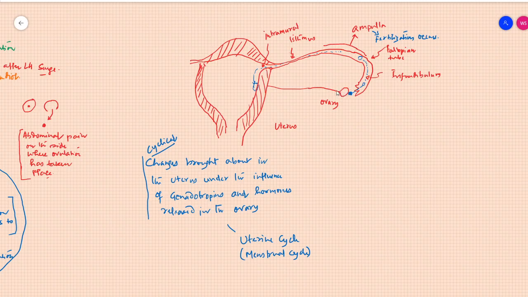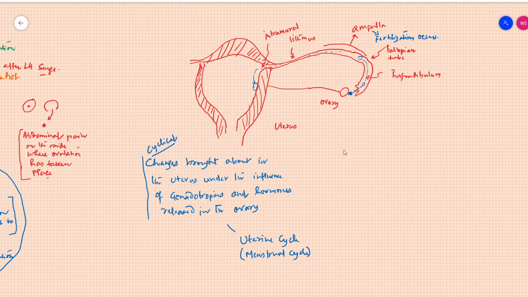So think about this. The ovary is releasing hormones into the blood, and that blood is reaching the uterus. That's why it's called an endocrine system, endocrine transport of the hormones. Those hormones act on the uterus and bring about changes. That's what we're going to study now.